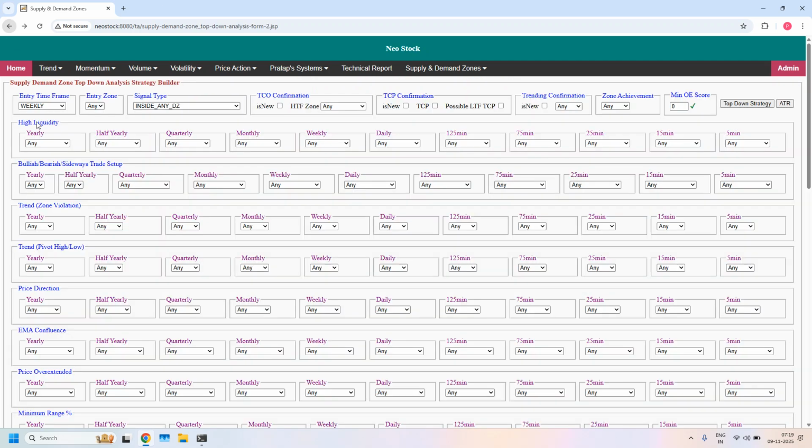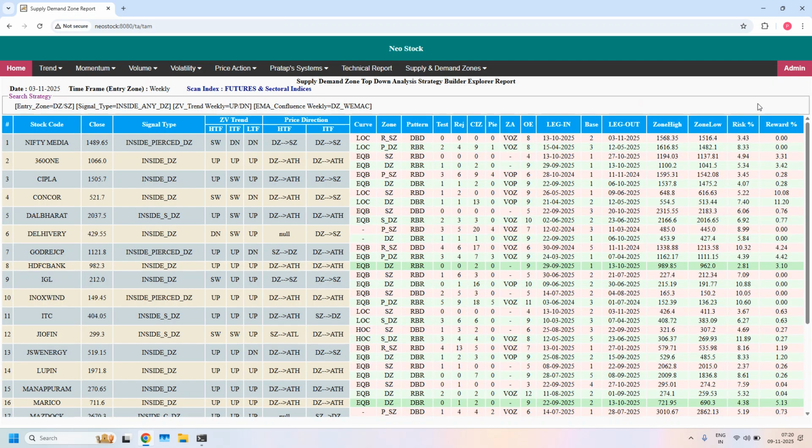Let's filter this list based on weekly demand zones having weekly EMA confluence. And also trend on the weekly should not be sideways. So this is the filtered list.